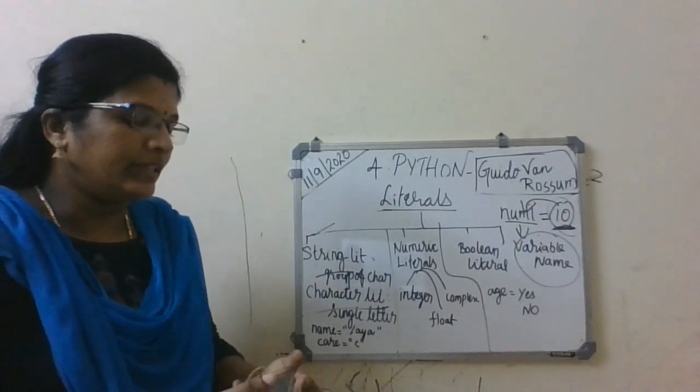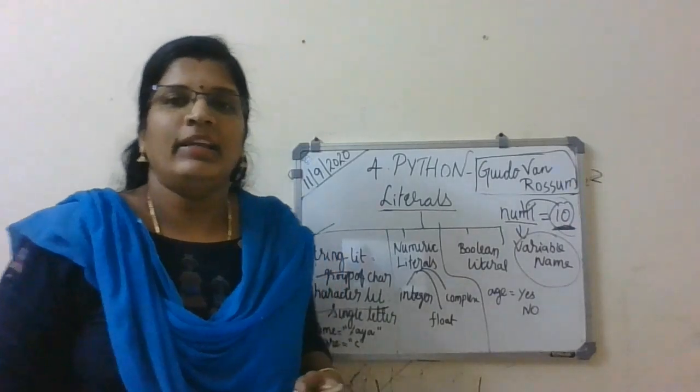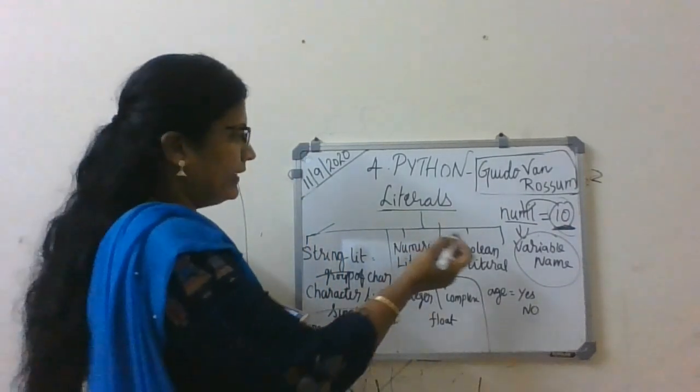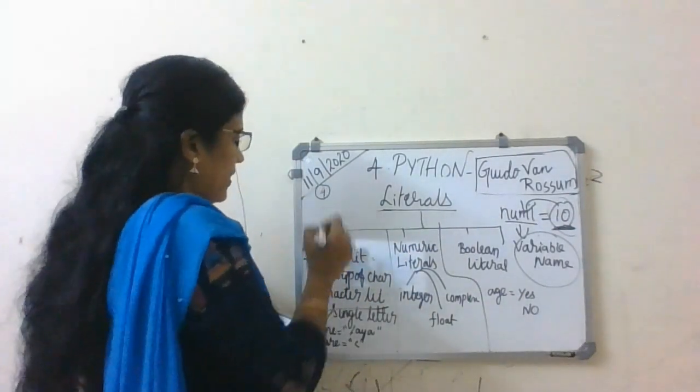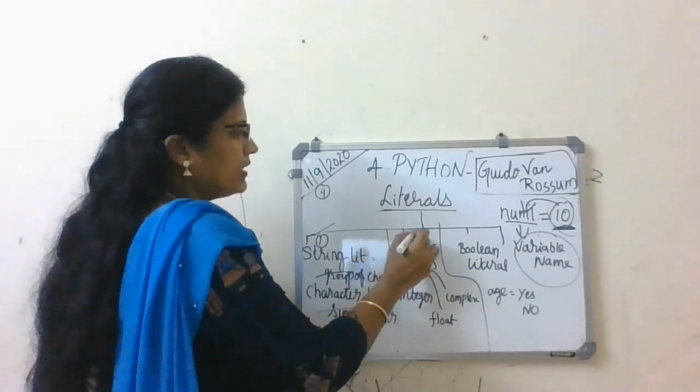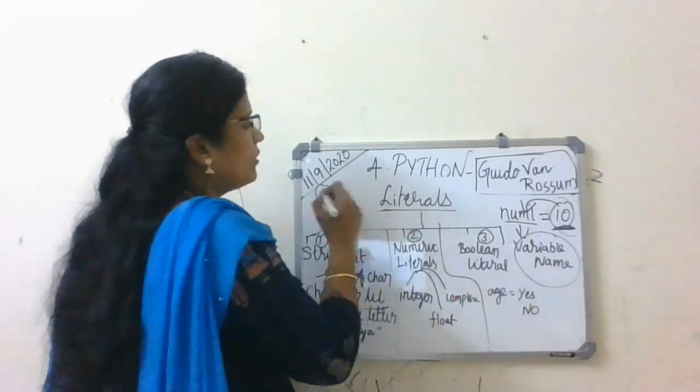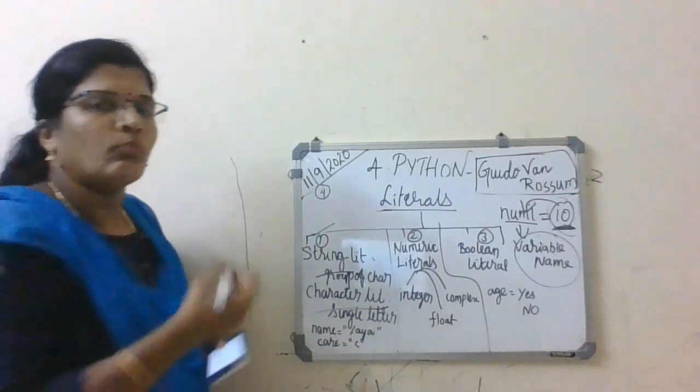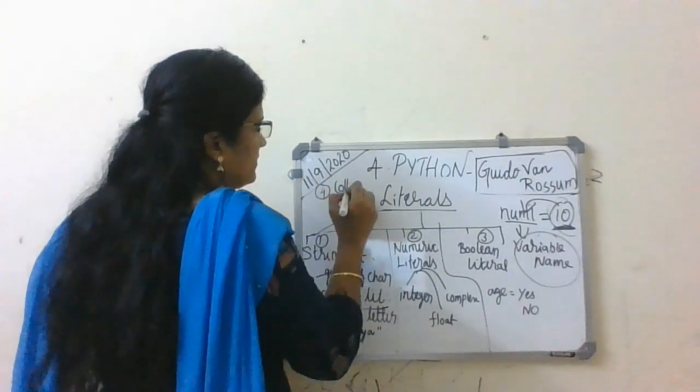Then the next literal is collection literal. This is the first one, this is the second, this is the third, and the fourth I'm writing here is called collection literals.